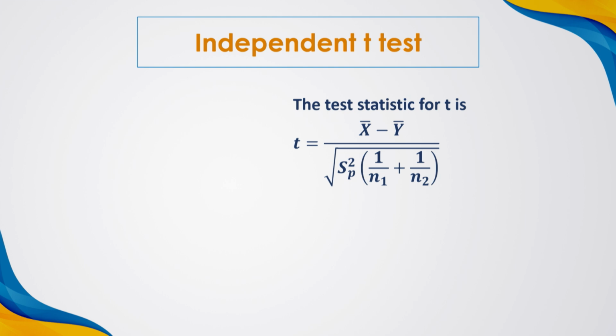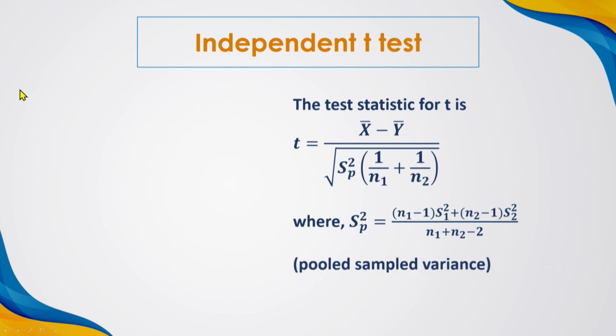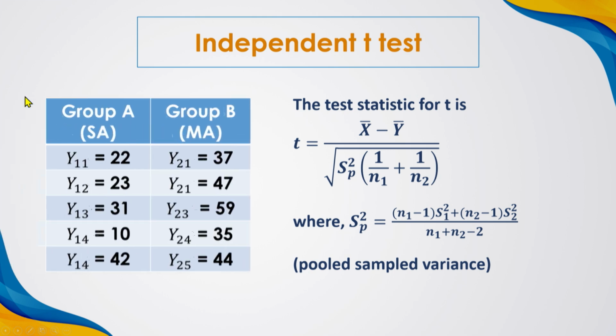Here x bar is the mean of the first group, y bar is the mean of the second group, and Sp square is the weighted average of the sample variances of the first and second groups, represented by the formula (n1 minus 1) times s1 square plus (n2 minus 1) times s2 square, divided by n1 plus n2 minus 2. We call this the pooled sample variance.